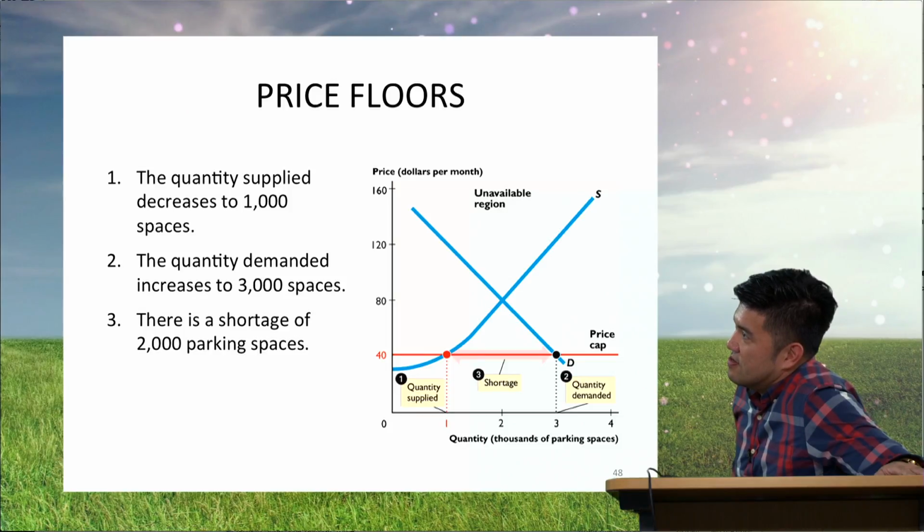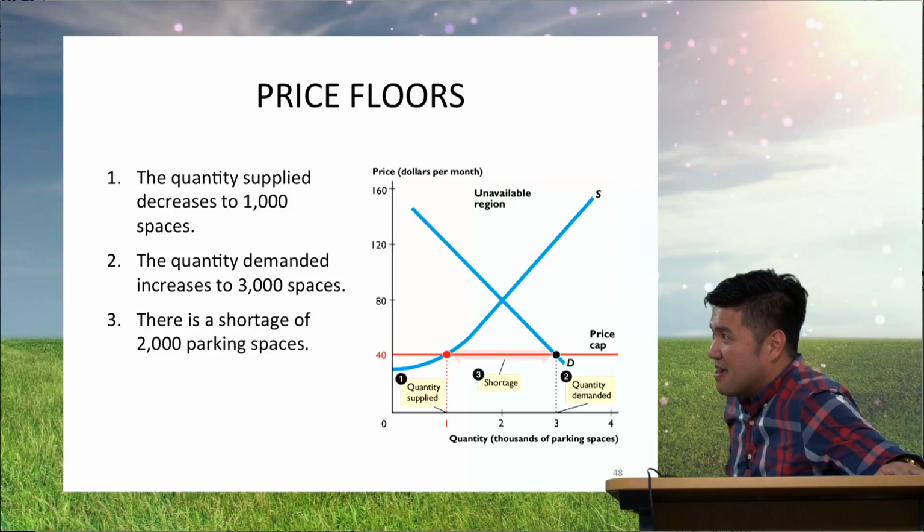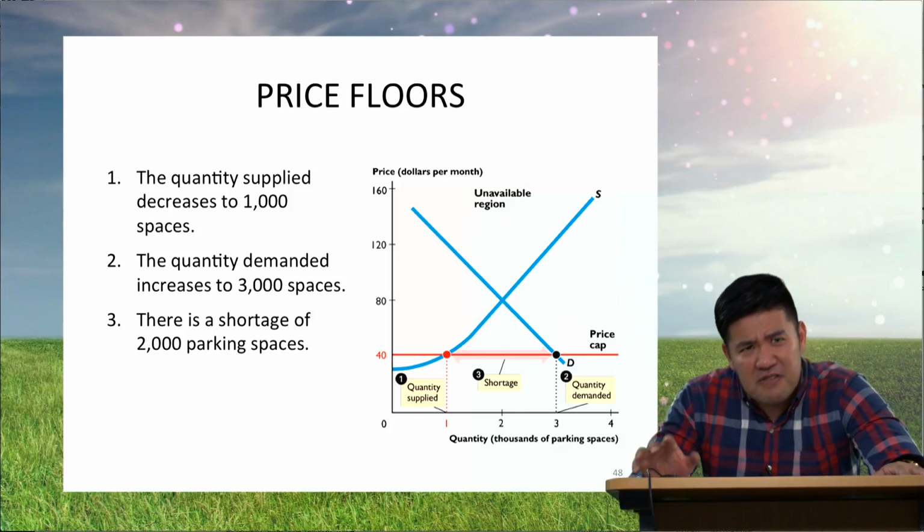At $40, quantity supplied is only 1. Quantity demanded is 3. There's a shortage there. So there's a shortage of 2,000 parking spaces. Okay? You can think about this.